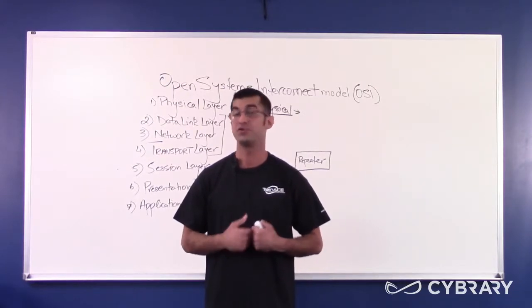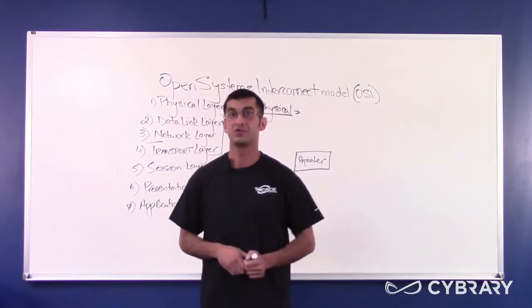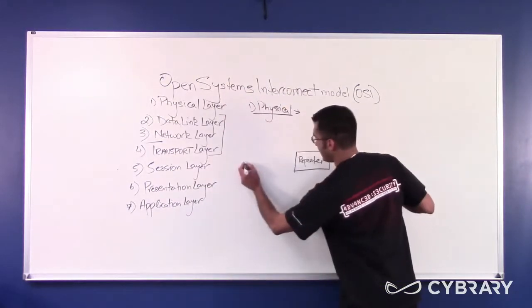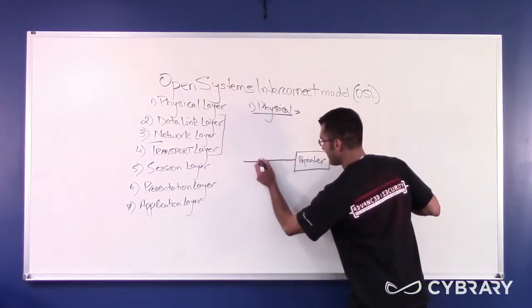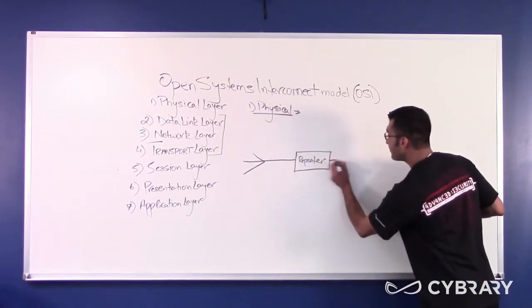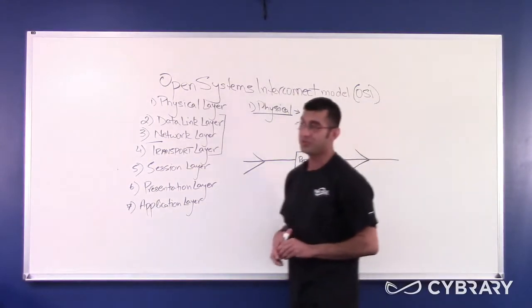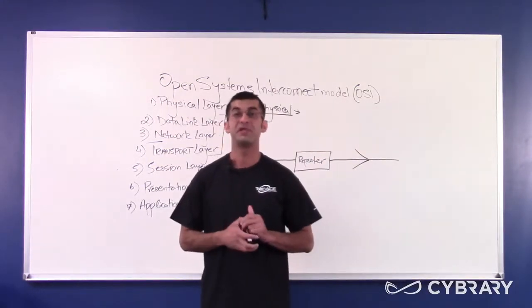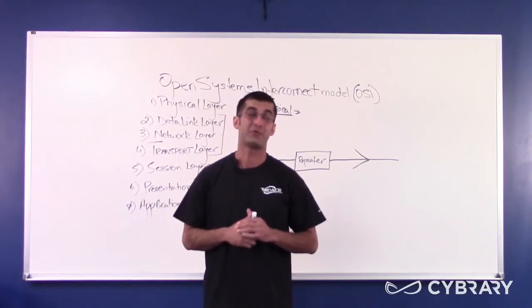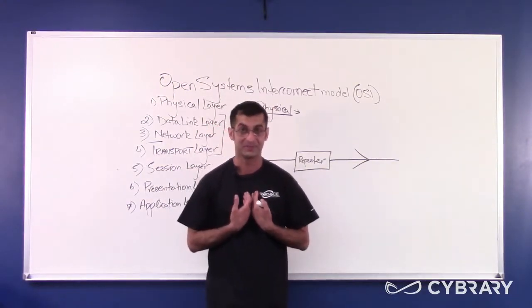After 100 meters, no guarantees are made that the signal will not degrade. So what a repeater does is, if a signal is coming inbound on a cable this way, it will repeat it out and amplify it for another 100 meters. Usually, if repeaters are being used in a network, the network wasn't properly designed, or at least that's my opinion.